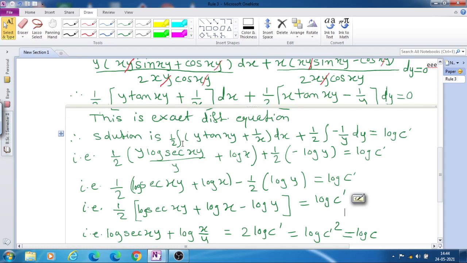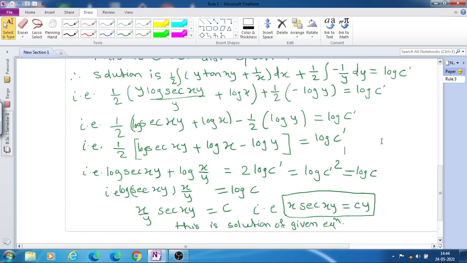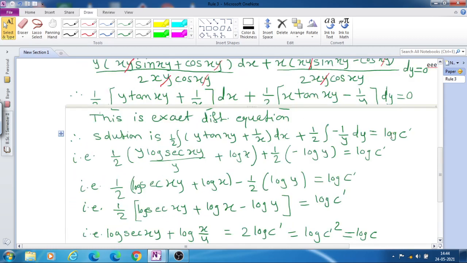Here integration of m dx plus, now this is our new equation, so this is our m, 1/2 into bracket, and this is n.